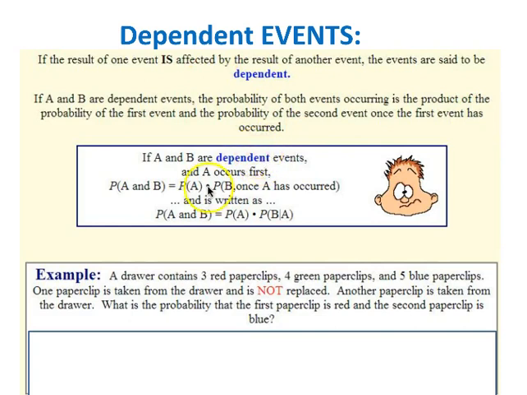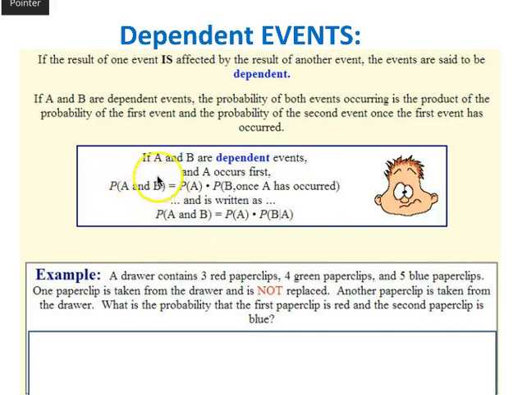So now we've got some special notation. Focus your attention down here. Our notation is going to look a little different when we find the probability of dependent events versus what we did for independent events.